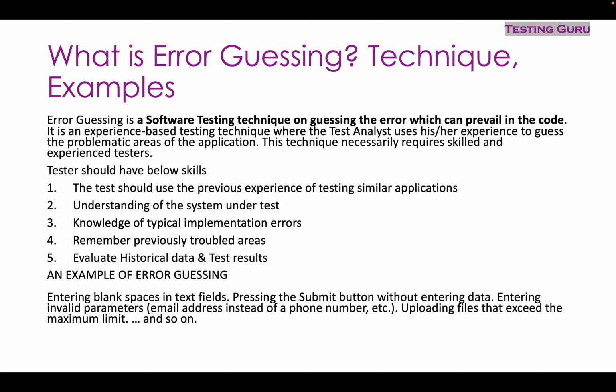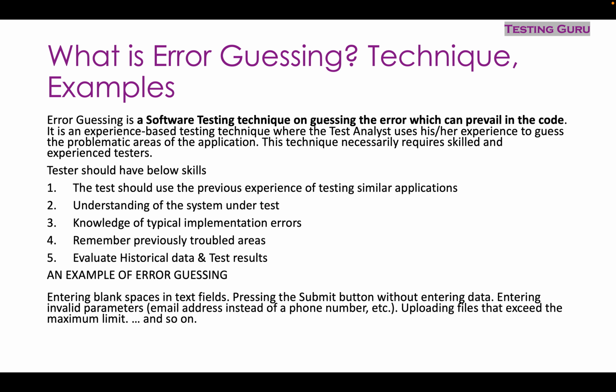If we have historical data of bugs, we can check which areas most of the errors are coming from. And test results also tell us where the tests failed. Based on those things, we can do the error guessing.